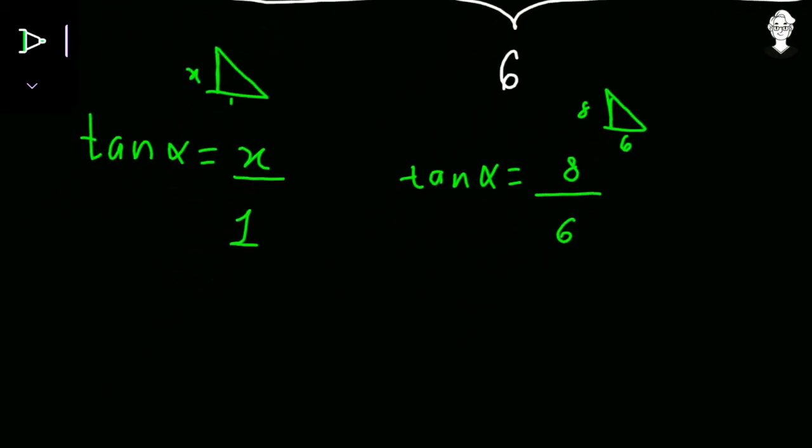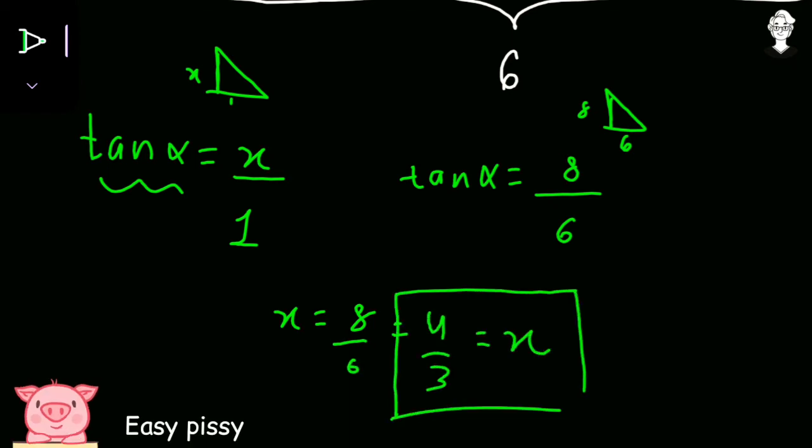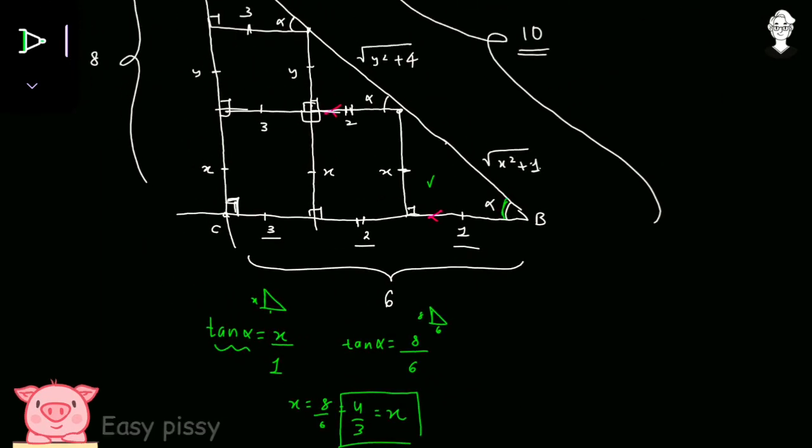So the LHS is equal to tan alpha, and their RHS can be compared: x is equal to 8 upon 6, that's 4 upon 3, and that is the value of x. So x is equal to 4 upon 3. It has been solved very nicely.